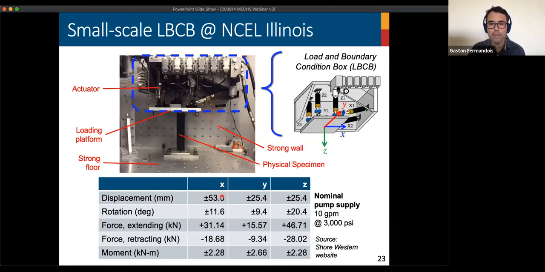Okay, so in the X direction, in this direction over the LBCV, we have approximately 2 inches of displacement, and on the other orthogonal directions, we have almost 1 inch. And the forces are capacity 30 kilonewtons, more or less, 46 kilonewtons in the vertical direction.